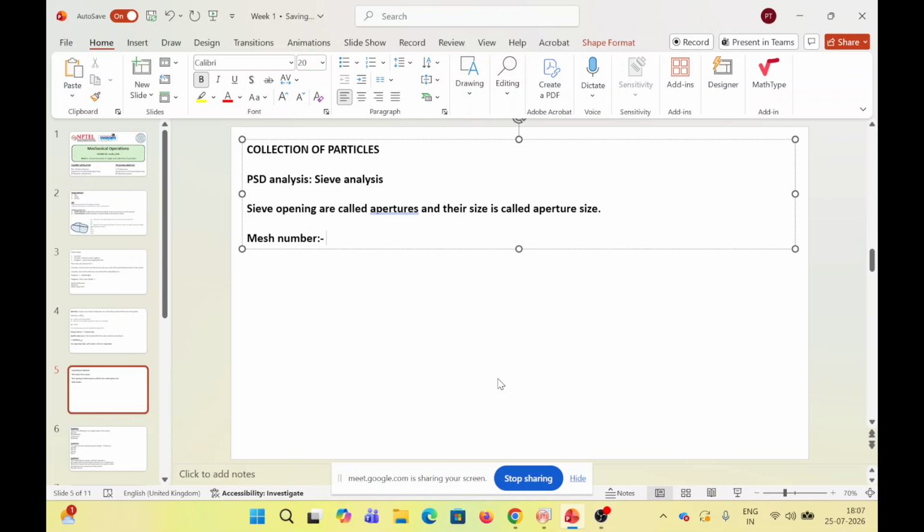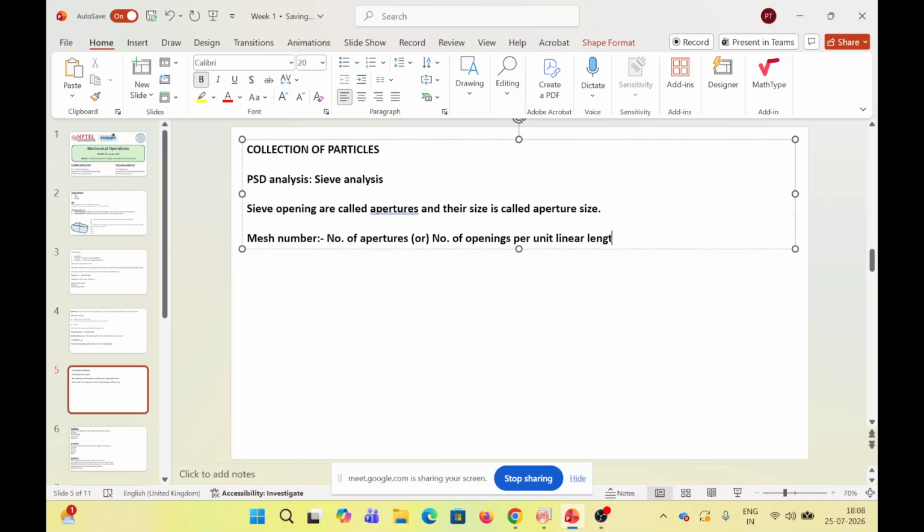So the exact definition is number of apertures, or to say it in an easier way, number of openings per unit of linear length.